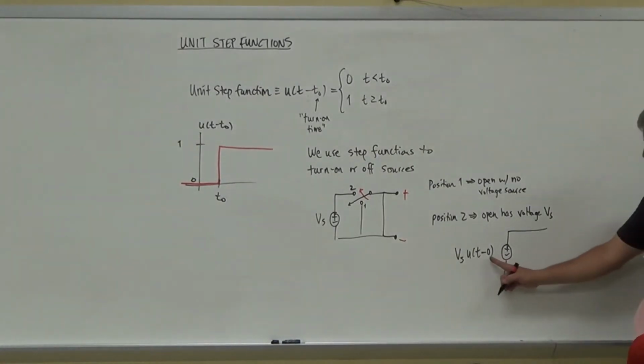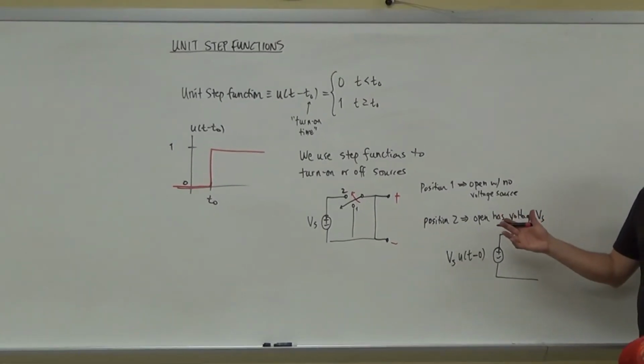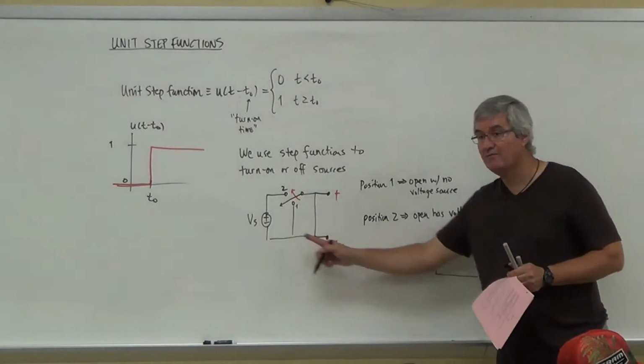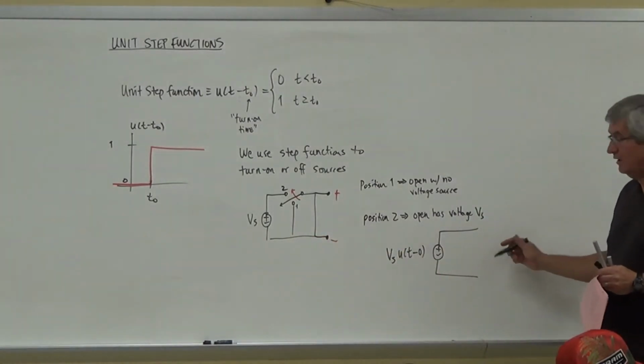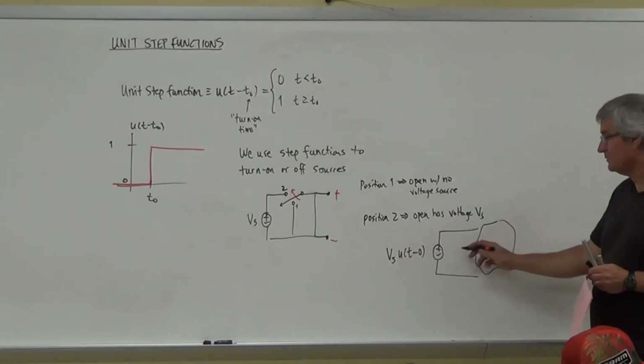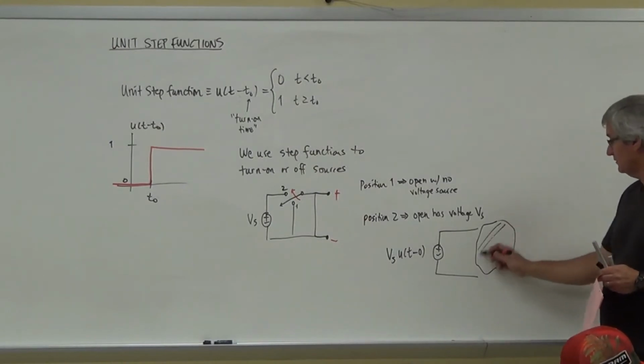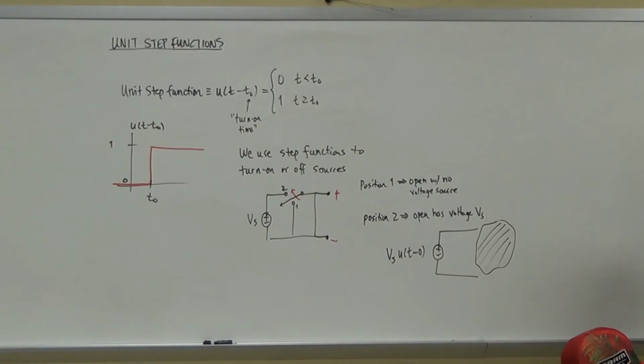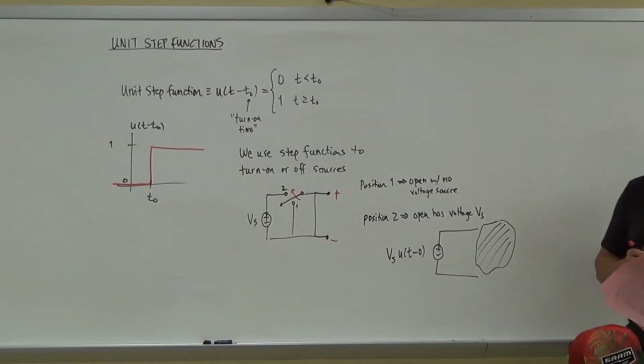At anything less than 0, the source isn't on. Anything greater than 0, I now have a voltage source that's turned on, and it participates in the rest of the circuit. And that's really the only reason we want to use that, just to simplify what's going on.